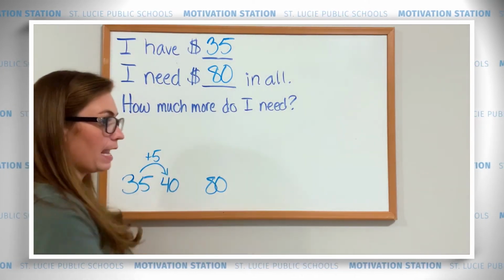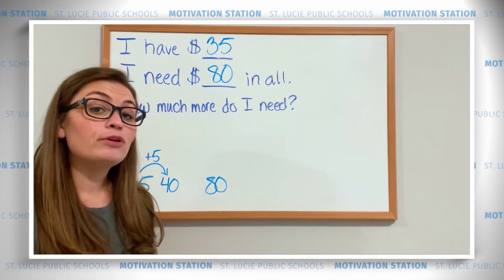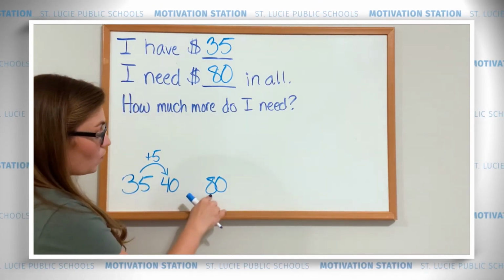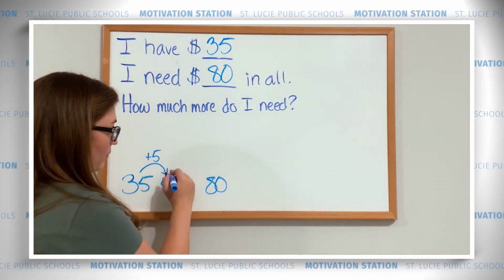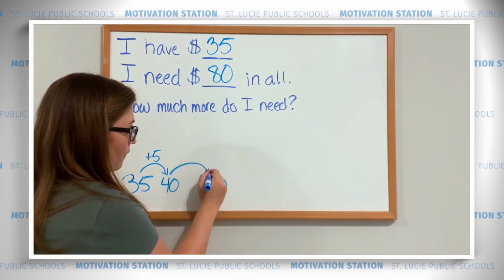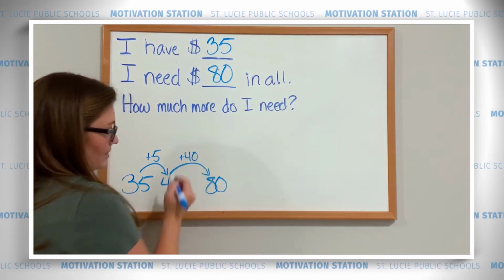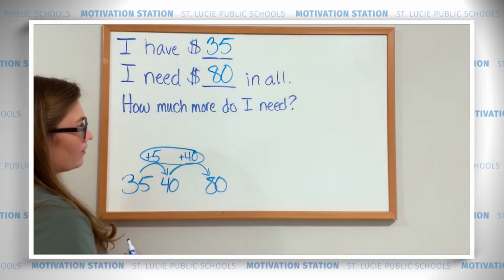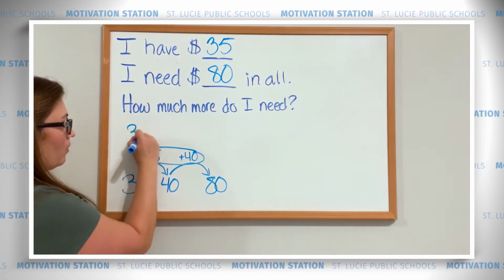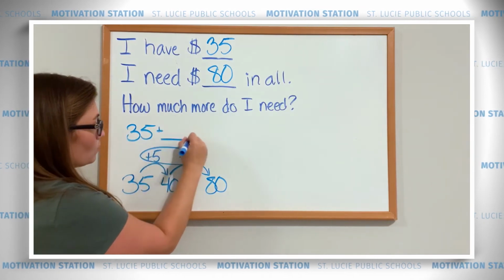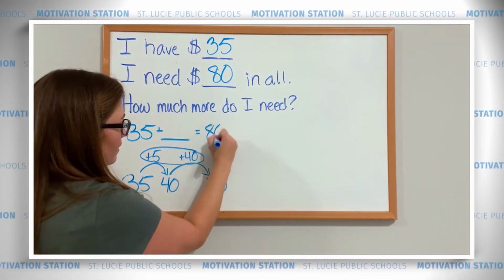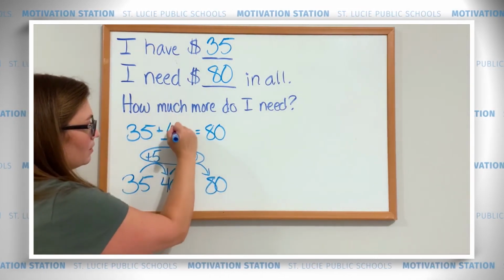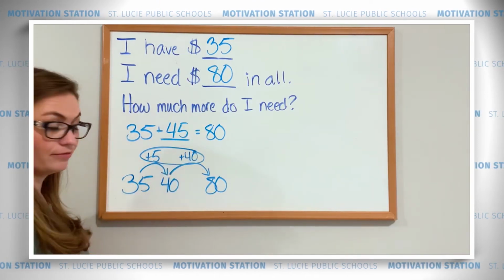And then 40 to 80. Remember, you can use your easy facts. 4 plus what gets you to 8? Well, that'll be 4, so 40 plus 40 gets us to 80. So in all, we have 40 and 5 is 45. We'd write the equation, 35 plus what got us to 80? And the answer was 45.